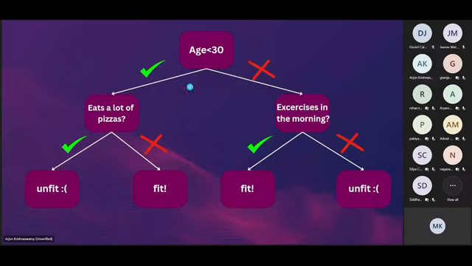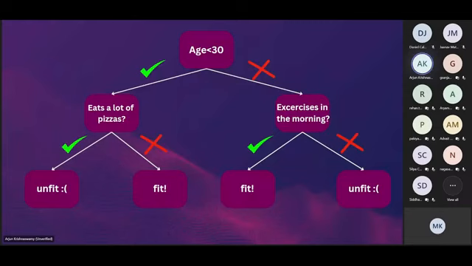So that is a decision tree for a regression task, that is, predicting numerical values. Here, the decision tree is for classifying if the person is fit or not. So it can be used to perform both classification and regression, which makes it a very useful machine learning algorithm.